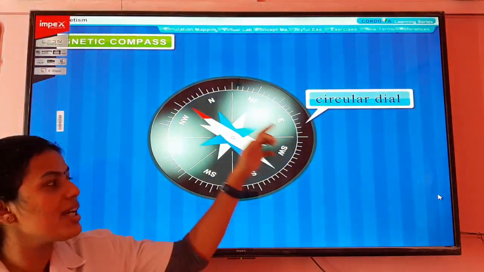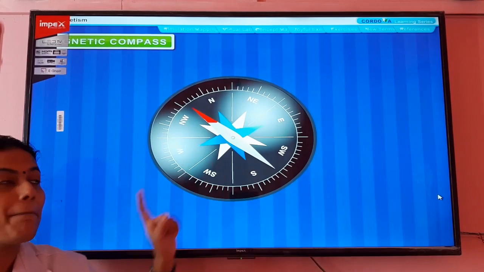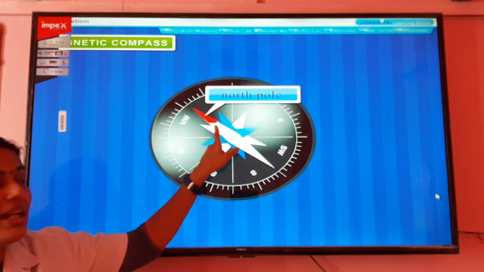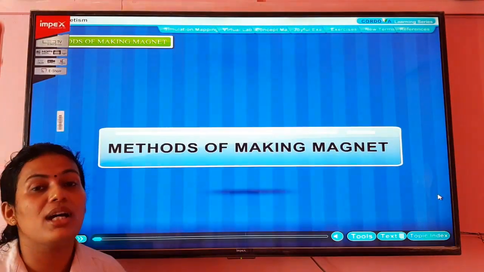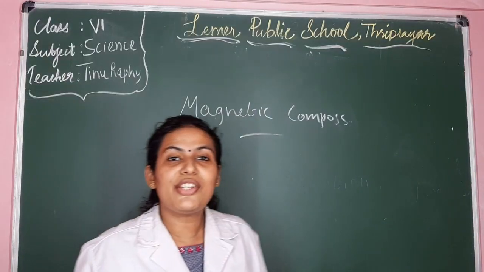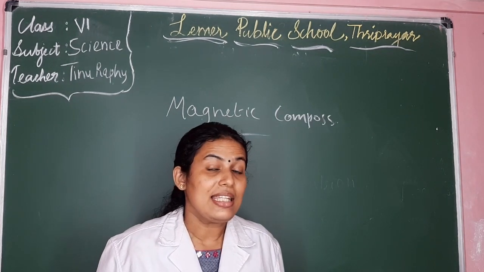This is the circular dial, and the needle or the pin has a red mark, and this red mark always points to the north direction. So dear children, what are the peculiarities of the magnetic compass?